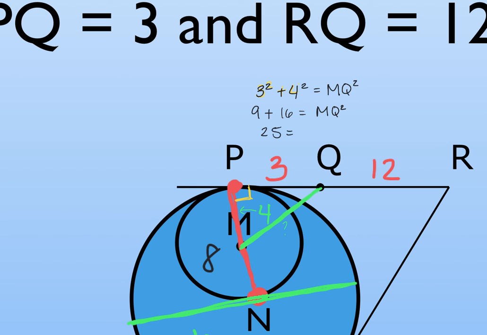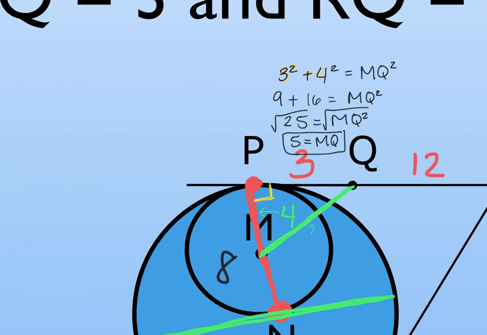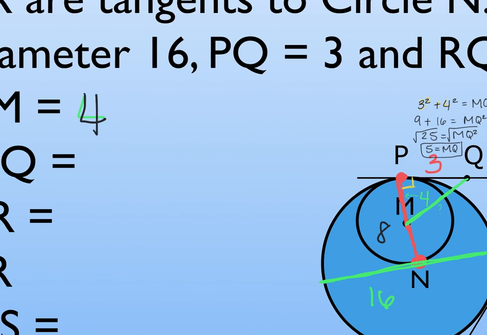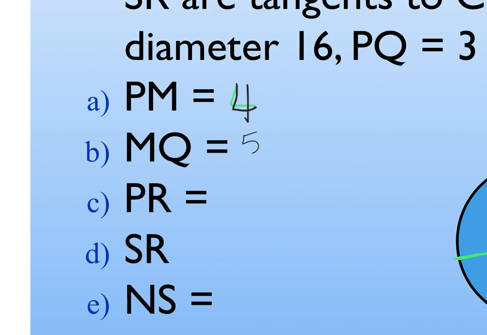We get 25 equals MQ squared. We take the square root, and we get 5 equals MQ. We can plug that in to here, MQ equals 5.